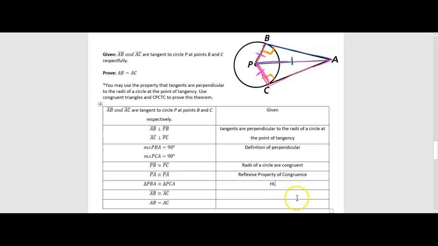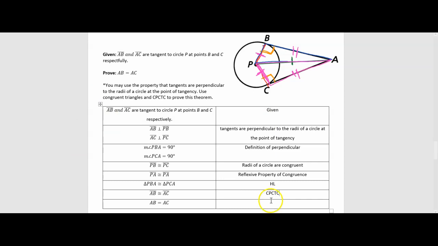Once I prove the triangles are congruent, I should then be able to say that AB is congruent to AC. That's going to be CPCTC. Corresponding parts of congruent triangles are congruent.